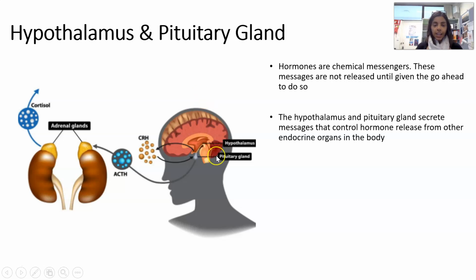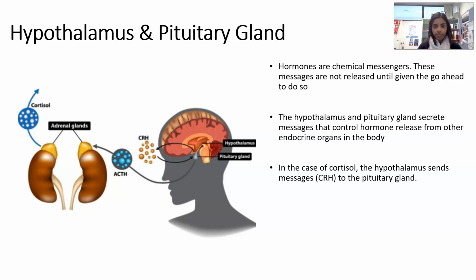First of all, just to recap, within the central nervous system, we have the hypothalamus up here and the pituitary gland down here. The hypothalamus and the pituitary gland will release hormone messenger chemicals that will stimulate other areas of the endocrine system.